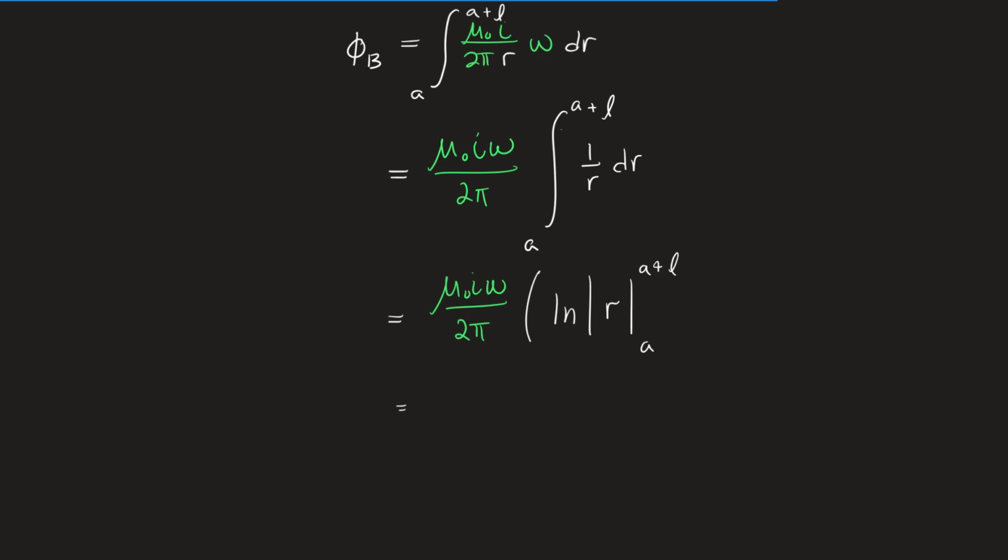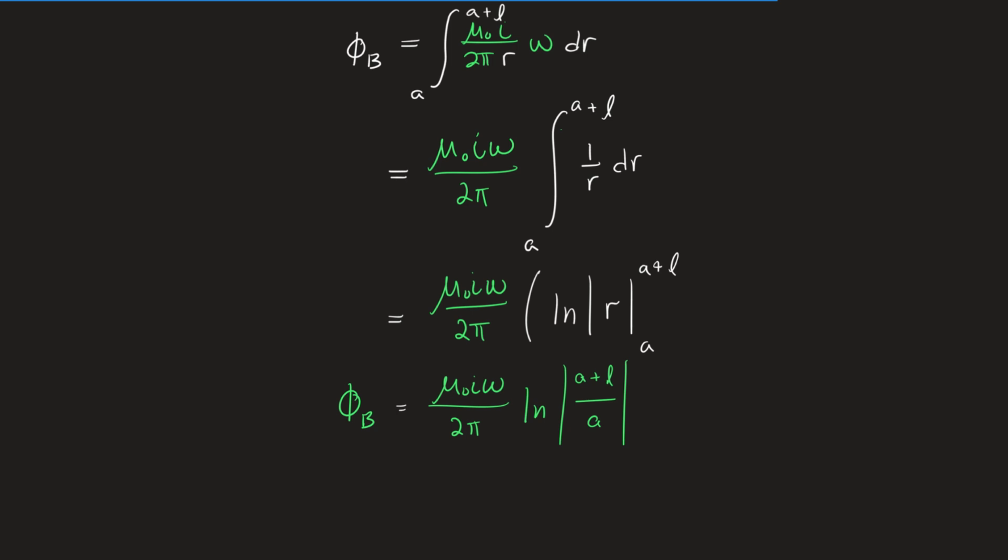Which is going to give me mu naught I W over 2 pi, and now I'll have the natural log of A plus L over A. This will be the expression I'm going to use for flux.